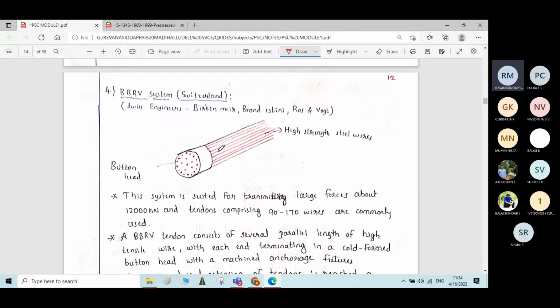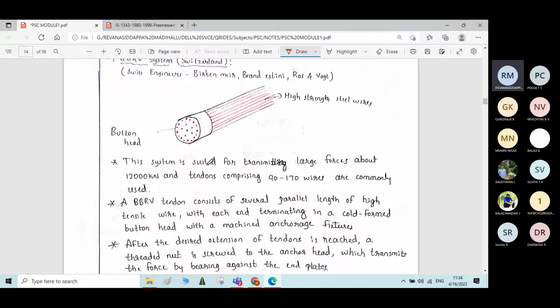In this system, about 90 to 170 wires can be simultaneously stretched and anchored, and a load of up to 12,000 kilonewton can be given to the tendons. That is why it is commonly used in construction practice.